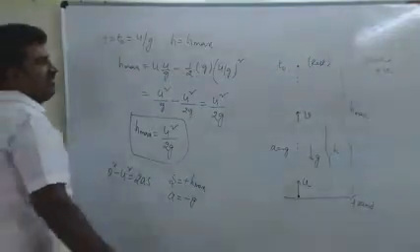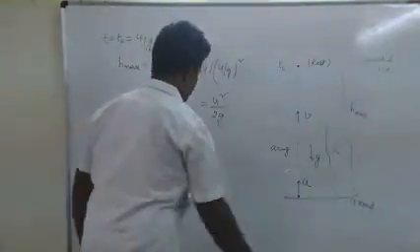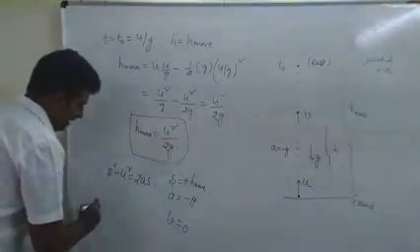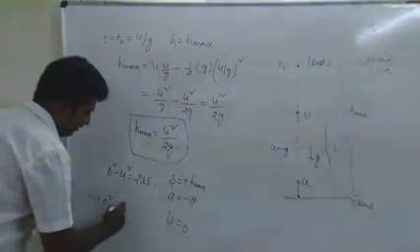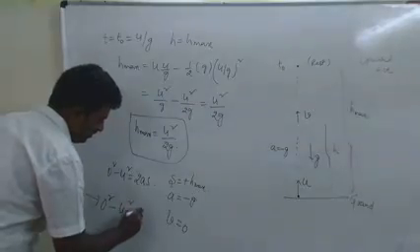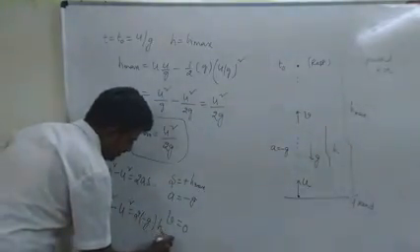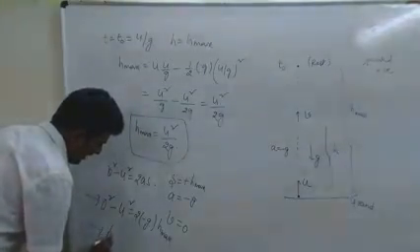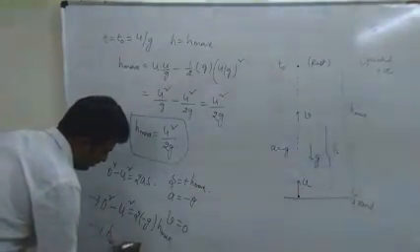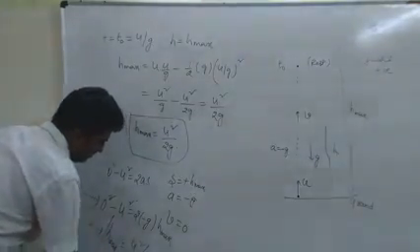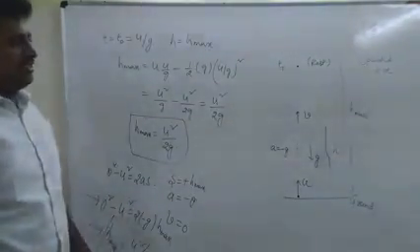How much is the final velocity by the time it reaches the highest position? v will be equal to 0. This implies 0 square minus u square is equal to 2 into minus g into h max. This implies h max is equal to u square by 2g. Can you remember this relationship? You got the same result, isn't it?